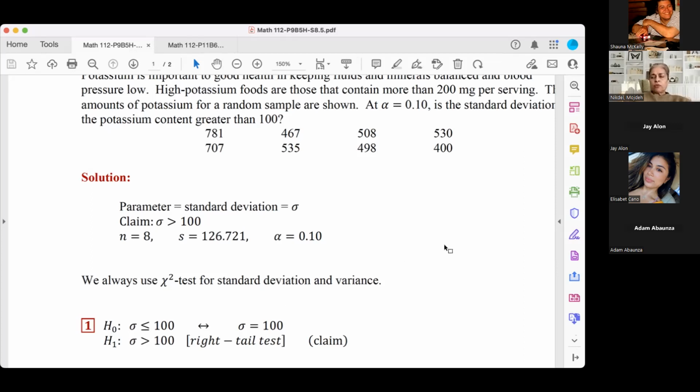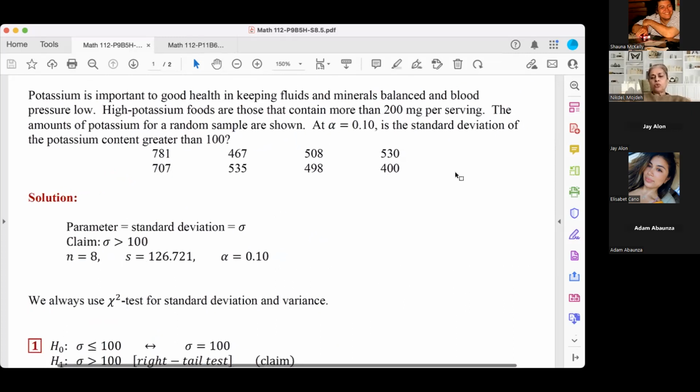According to the formula sheet, the second step. Now this problem didn't tell you what method you should use. On the exam or quiz, I will tell you what method you should use, traditional method or p-value method.